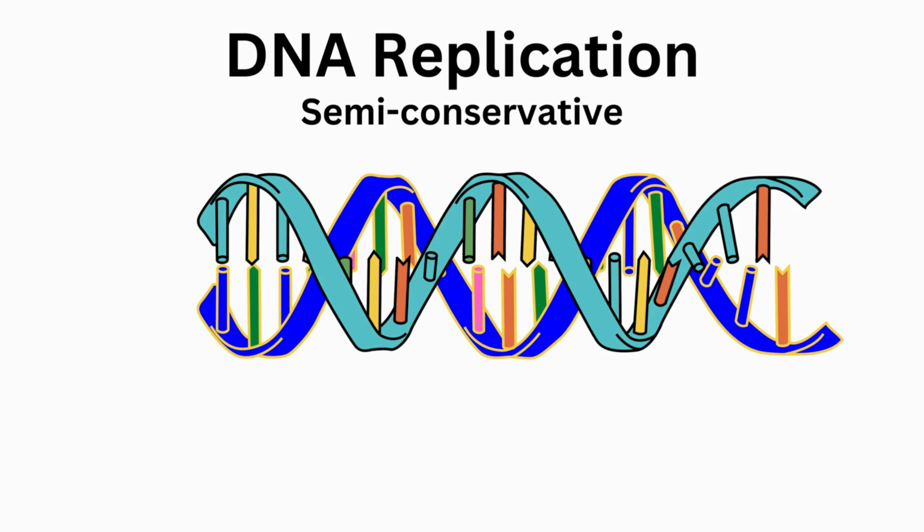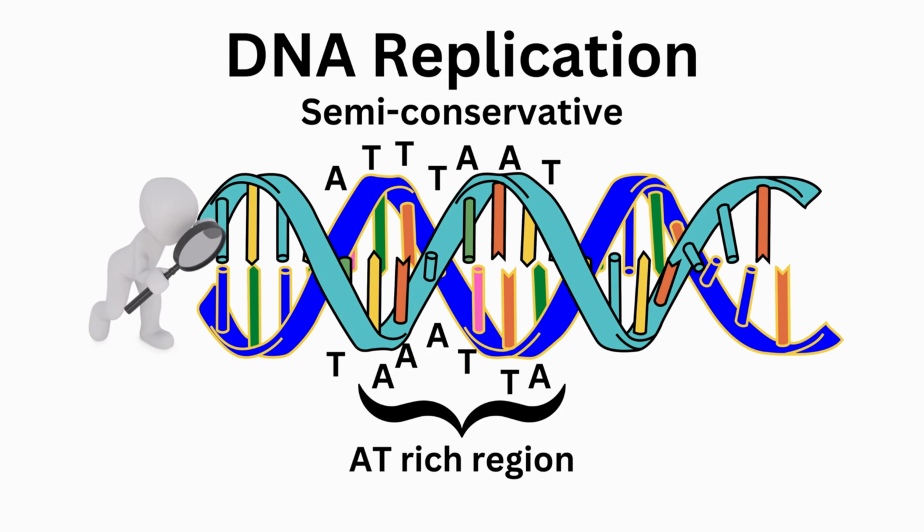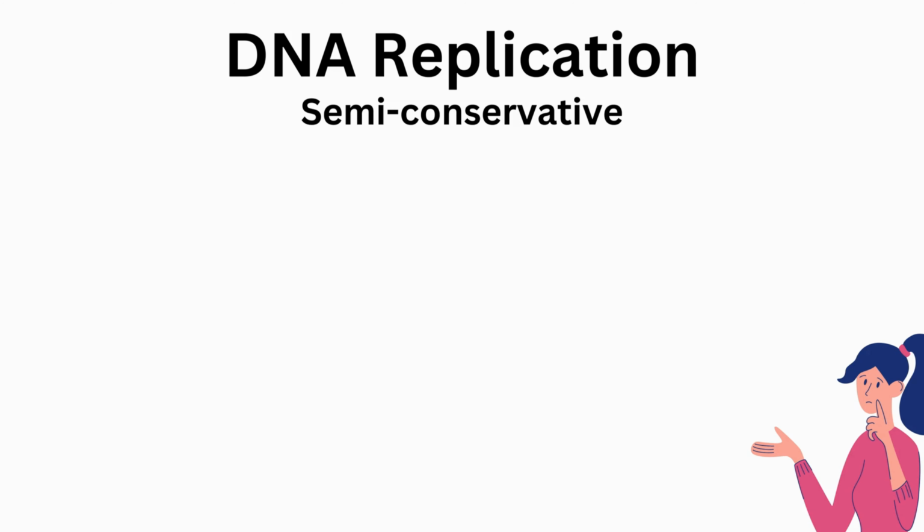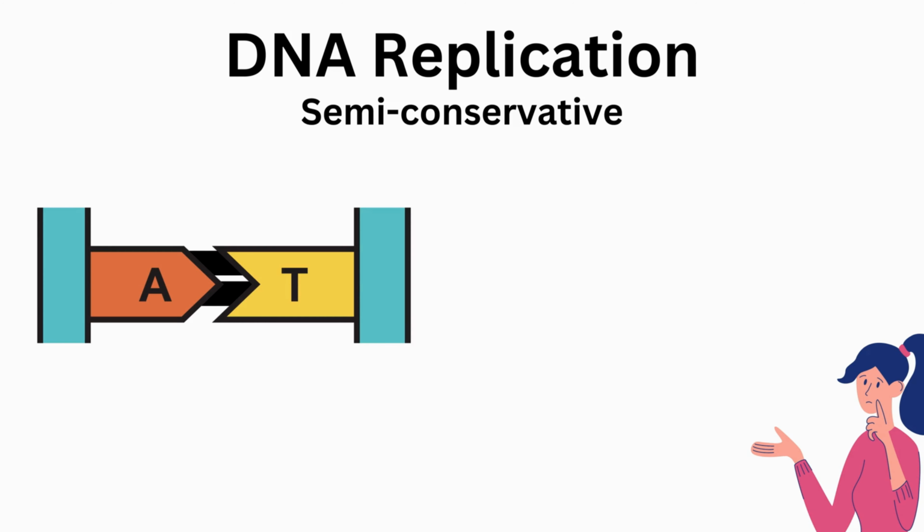The first step in this procedure is a molecule called DNA A finding a region on the DNA which has a lot of AT pairings. This molecule is going to initiate the replication by initiating the breakage of these AT bonds. Why is this molecule only looking for a region which has a lot of AT pairings?